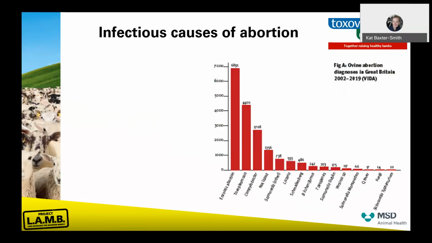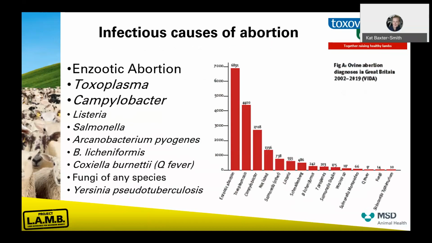This graph just shows VIDA diagnosis of abortion over the last 17 years. These are samples that have been sent in to the lab for diagnosis, and as we can see, the most common by far is enzootic abortion. This may not actually reflect that enzootic abortion is the most common.